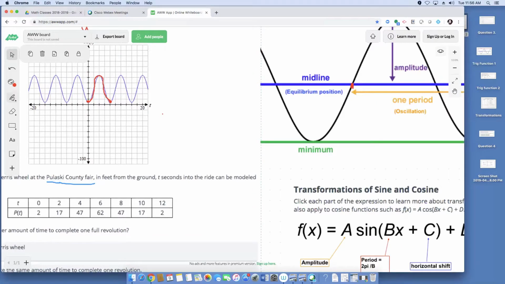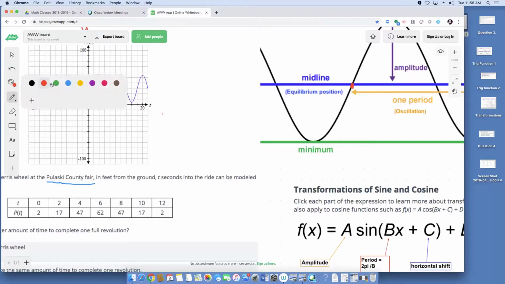But anyway, we have to figure out what our intervals are. It goes up to 20. Now, does it go by ones? 1, 2, 3, 4, 5, 6, 7, 8, 9, 10. No, it doesn't go by ones. So you need to really pay attention to what intervals they're using. It goes by 2, 4, 6, 8, 10, 12, 14, 16, 18, 20. So it goes by twos.